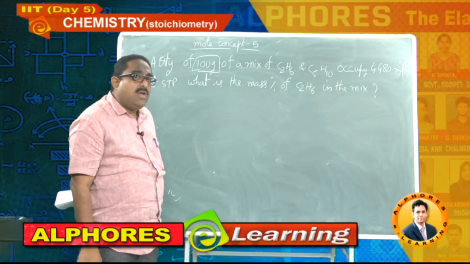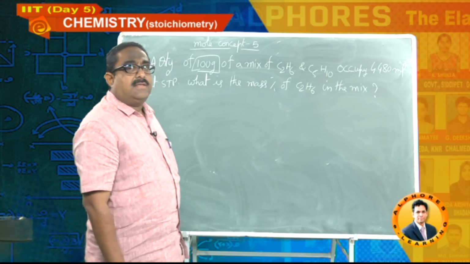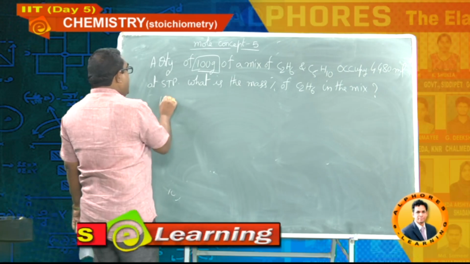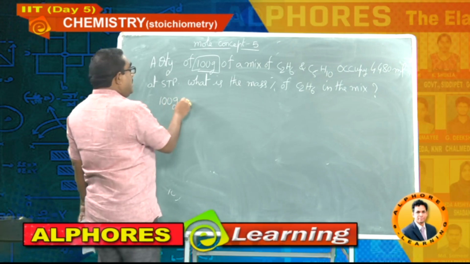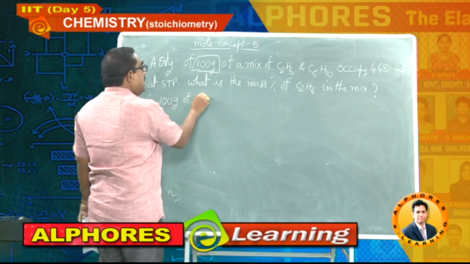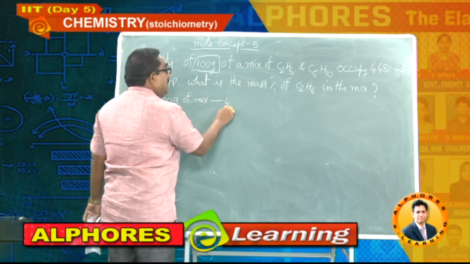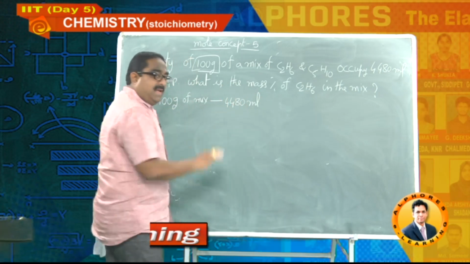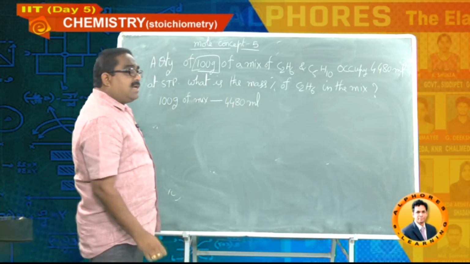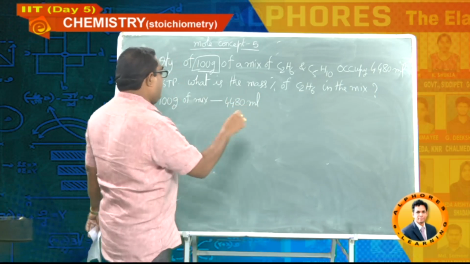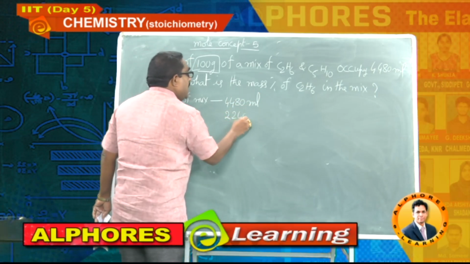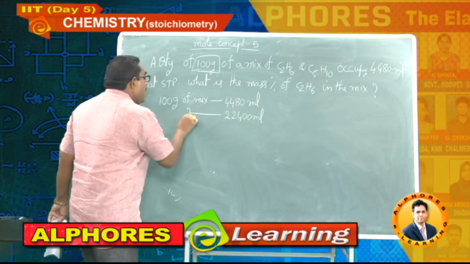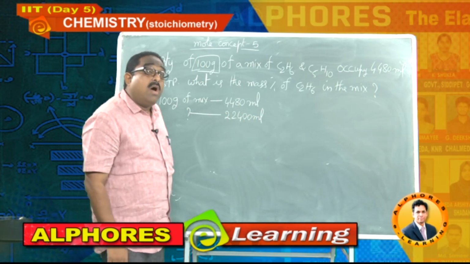Based on STP volume, we can calculate the molar mass of this mixture. I am writing the data first of all. 100 grams of mixture occupy 4480 ml at STP, but STP volume, gram molar volume by 1 mole is 22,400 ml, and the corresponding mass is nothing but molar mass.